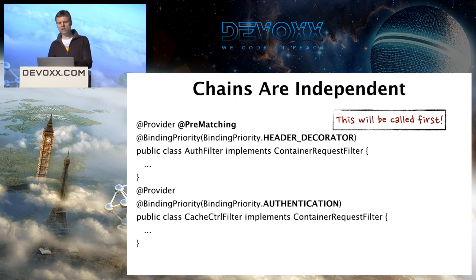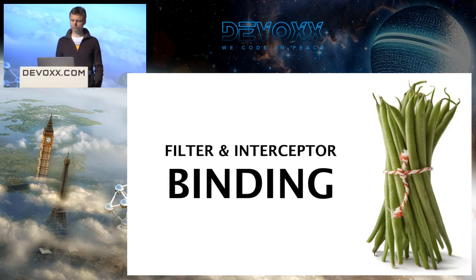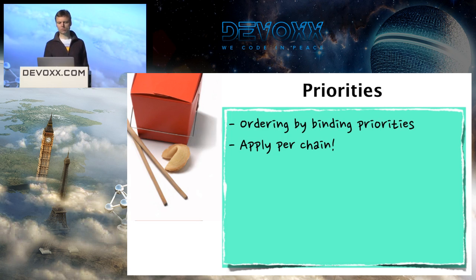So you could have a filter decorated with header decorator, which is in the binding ordering after the authentication, but if you apply this to a pre-matching filter, it will actually be invoked first because it's in this chain and the other filter is in the other chain. So this is maybe a tricky concept. So, applying per chain, ordering by binding priorities.